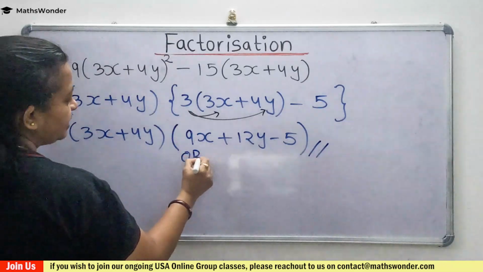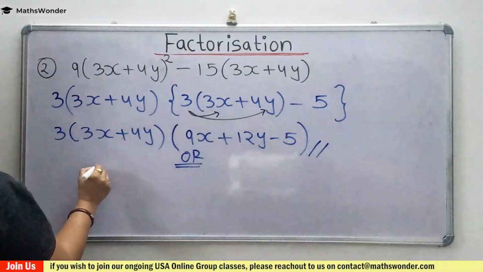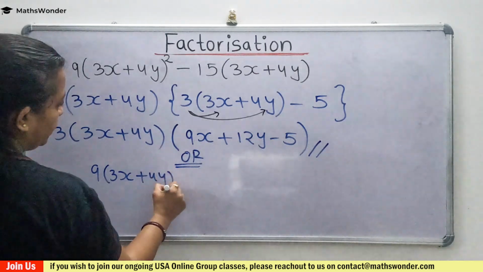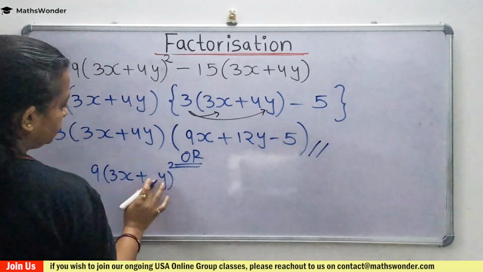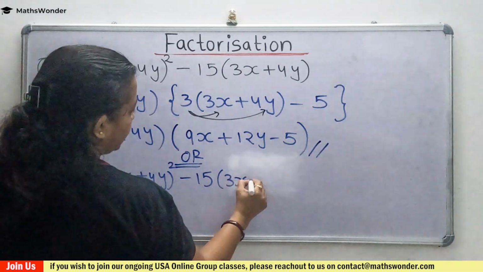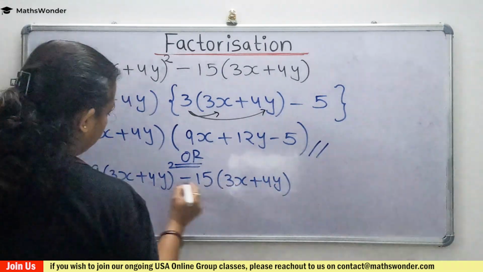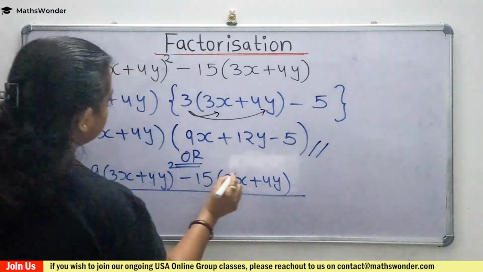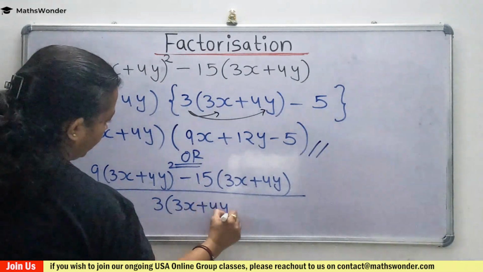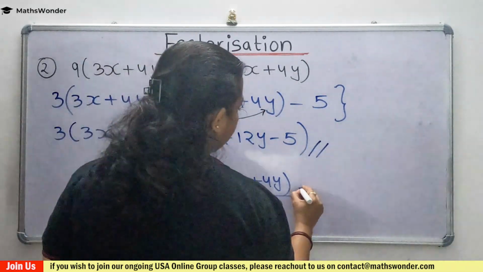So this is your final answer. Or if you write it in the division method, you can write 9(3x plus 4y) whole square minus 15(3x plus 4y) over 3x plus 4y. So what is remaining?